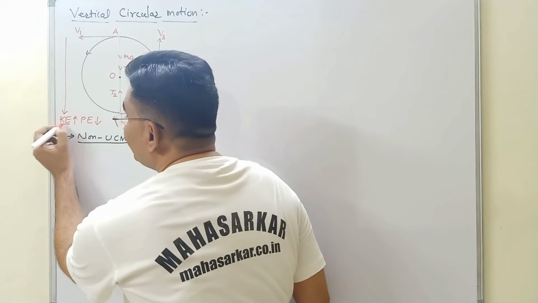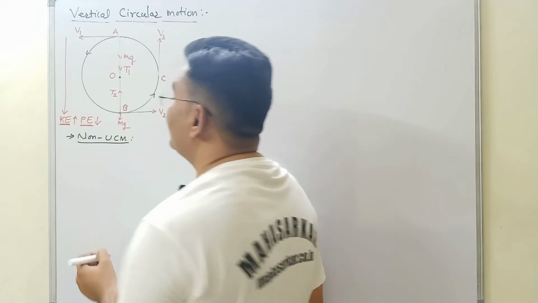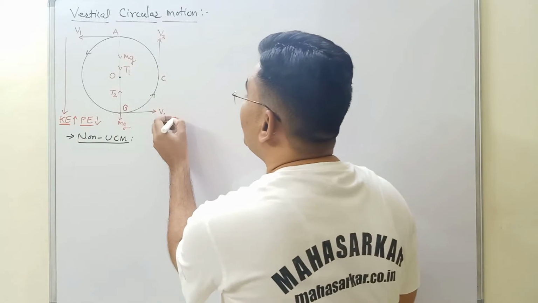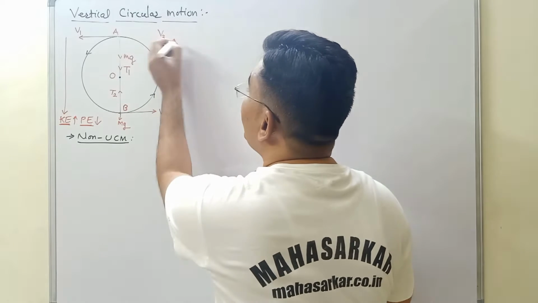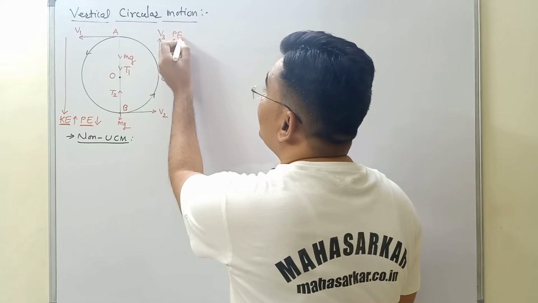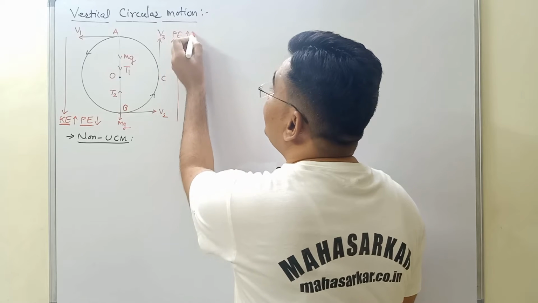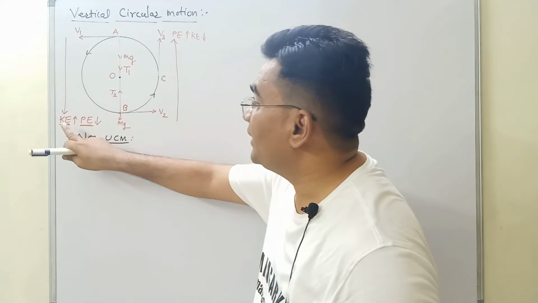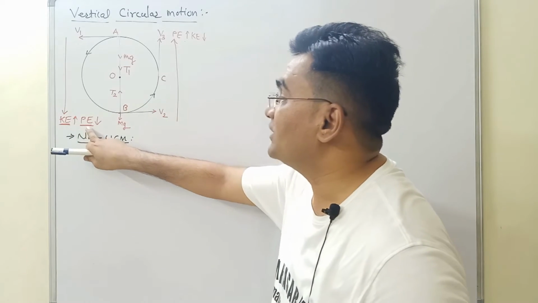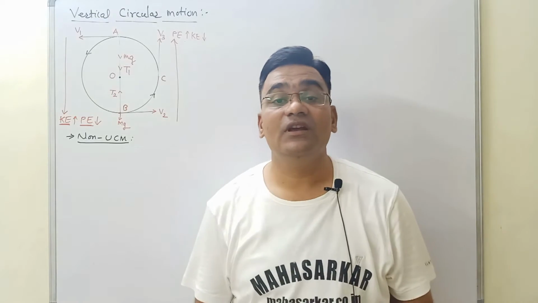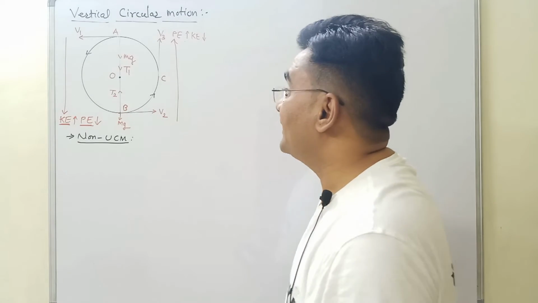Whereas while going from B to A, your potential energy increases and kinetic energy decreases. Okay. But overall, at every point, the sum of kinetic energy and potential energy always remains constant. So the law of conservation of energy here also is obeyed.